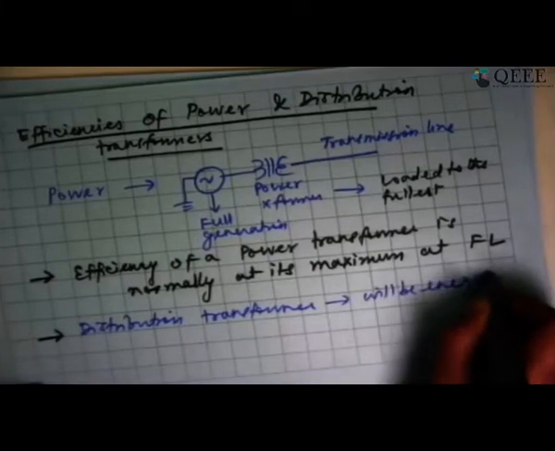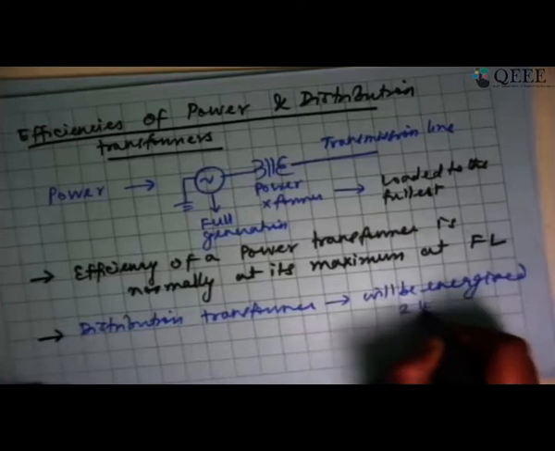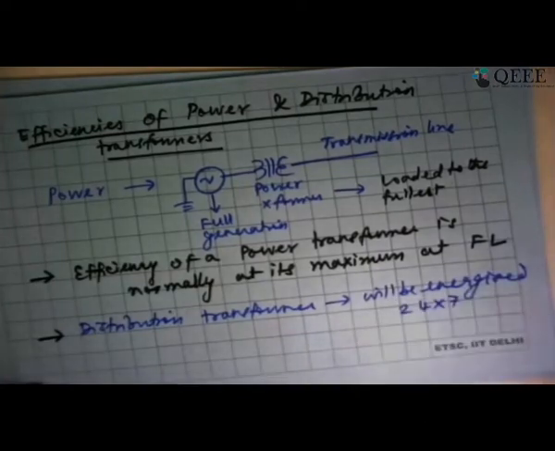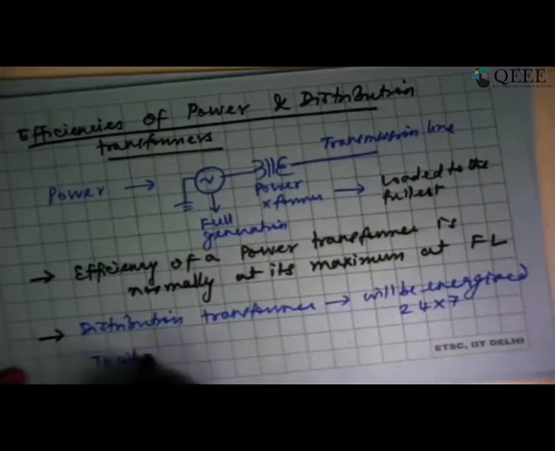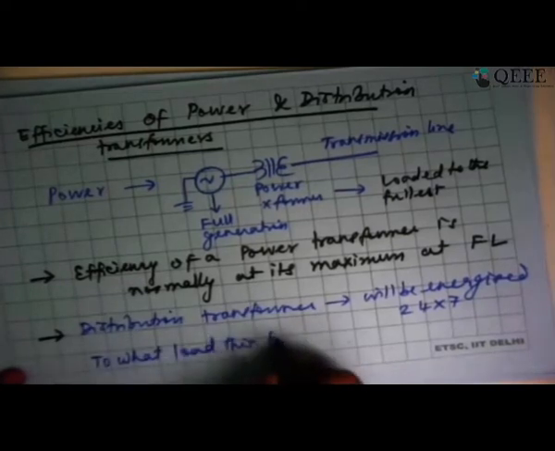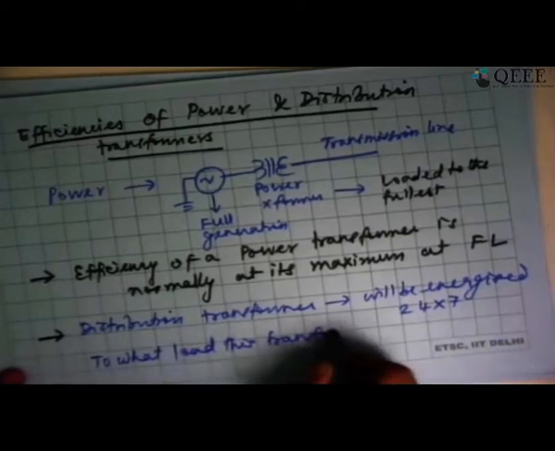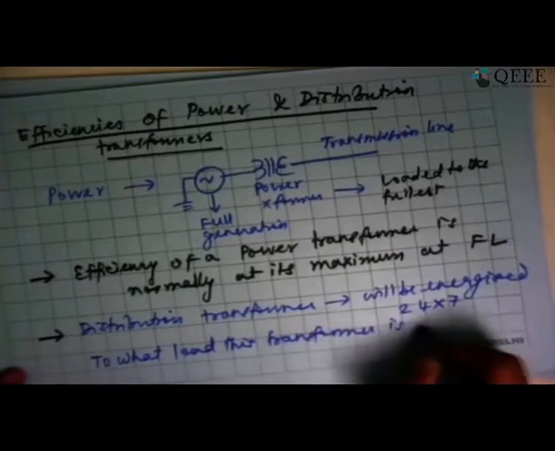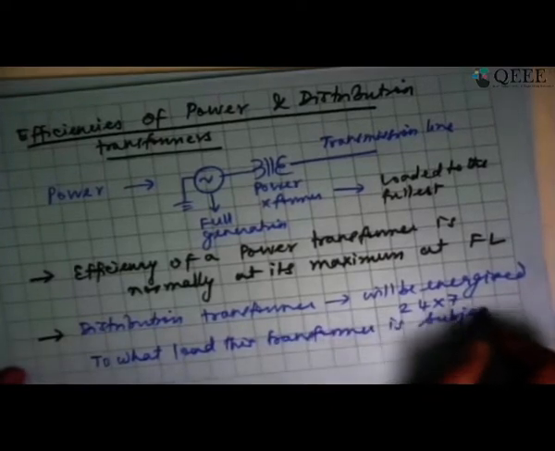A distribution transformer will be energized all the time, that is 24/7. It cannot be turned off at any time, because of which I have to look at to what load this transformer is subjected to most of the times.